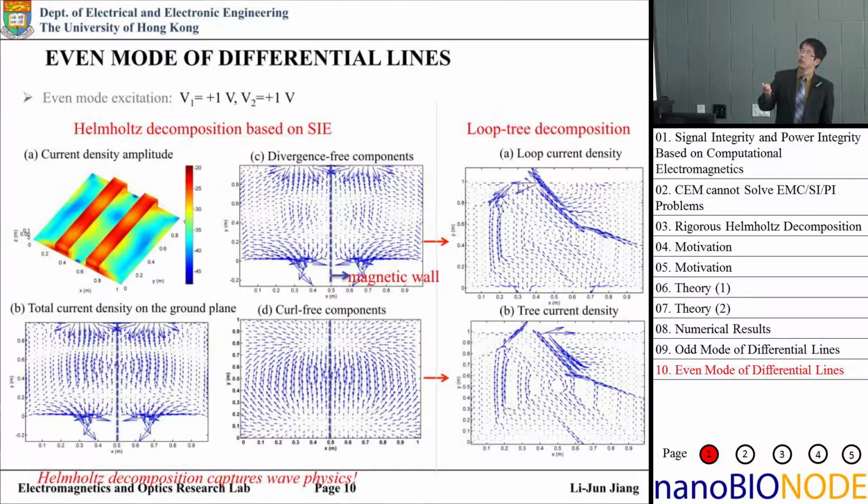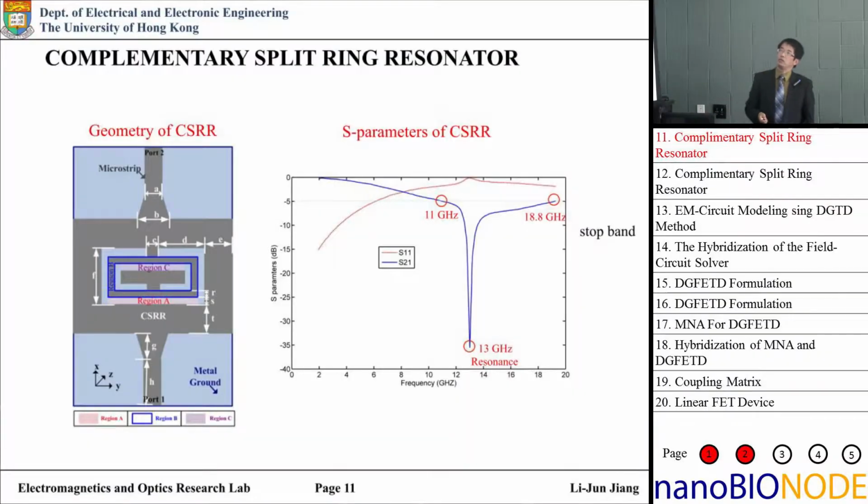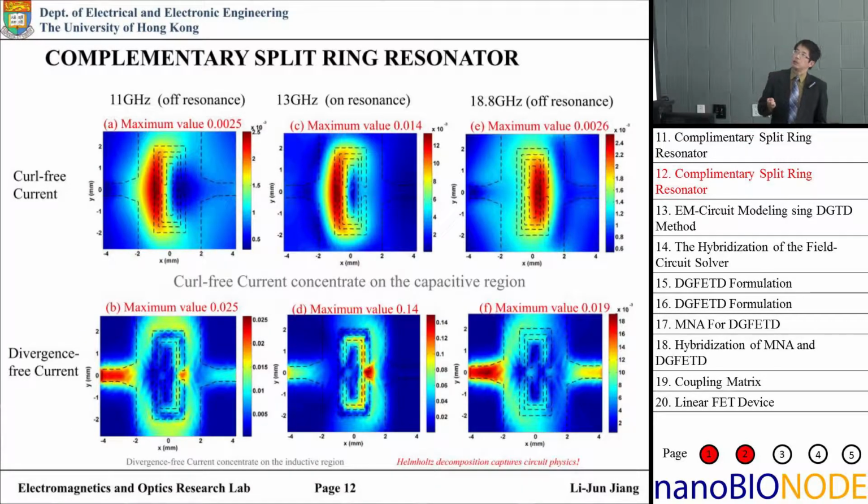But if you again use the conventional loop-tree method, you cannot see any information from the decomposed field. This can also be used for other structures. This is a complementary split ring resonator, and we pick different frequencies to check the curl-free part, which corresponds to the capacitive region.